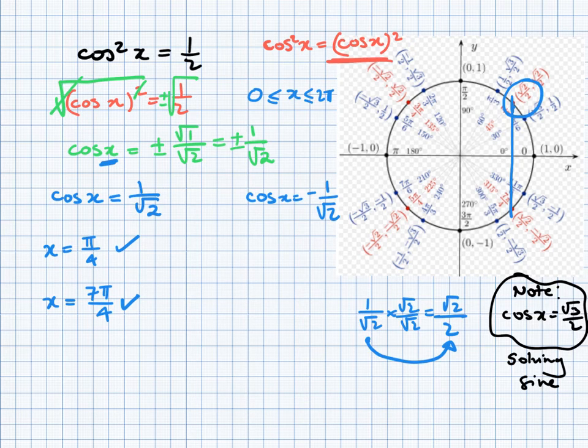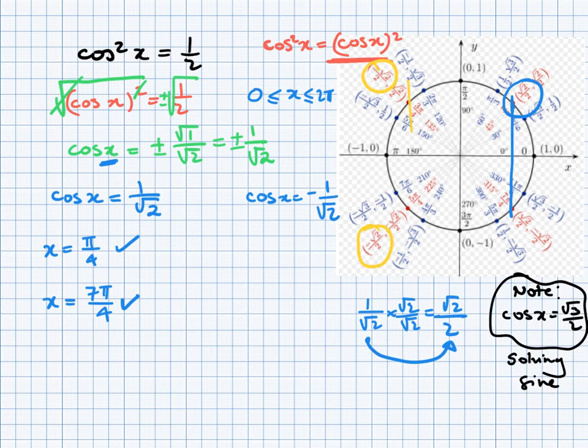And the angles with cosine of negative 1 over square root of 2, where are they? They are on this side. Let me just choose a yellow. So it's now here and there.